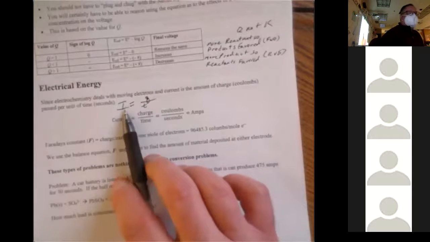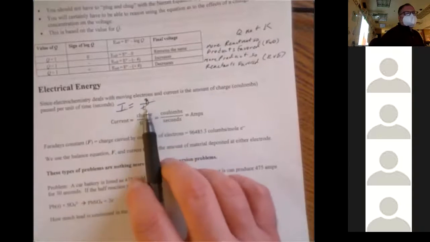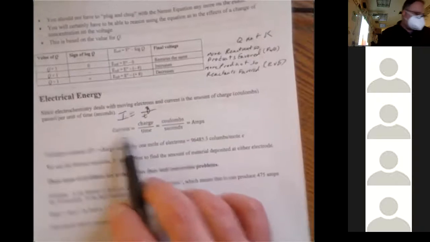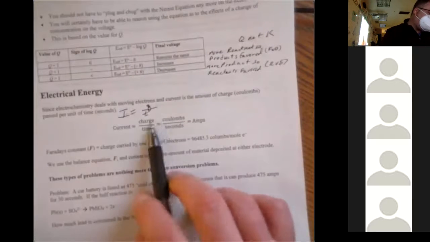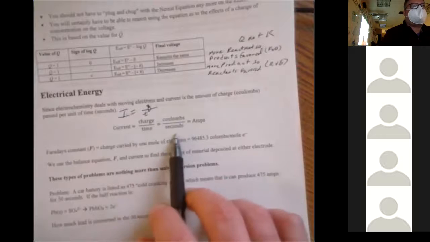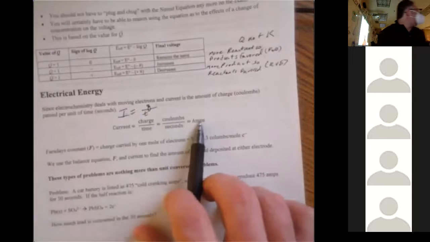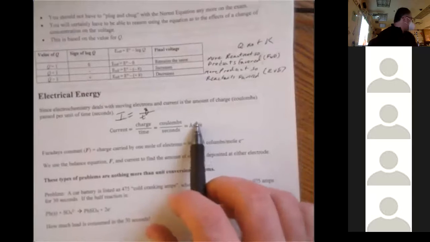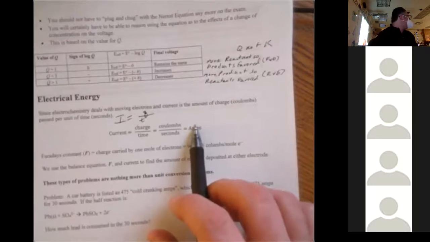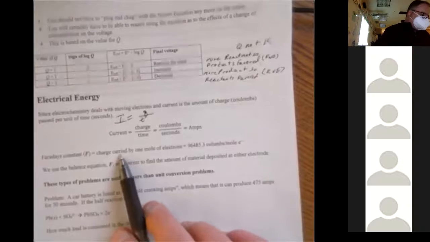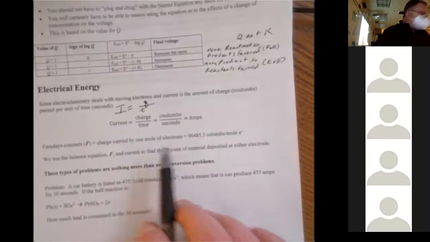Current equals charge divided by time. So we know that current is charge divided by time. Charge is measured in coulombs. Time is measured in seconds. This is all equal to the unit for current, which is amps, right? Faraday's constant is the charge carried by 1 mole of electrons.